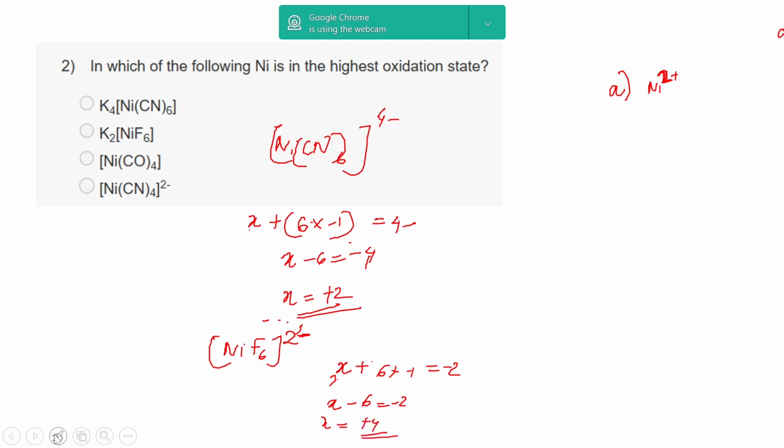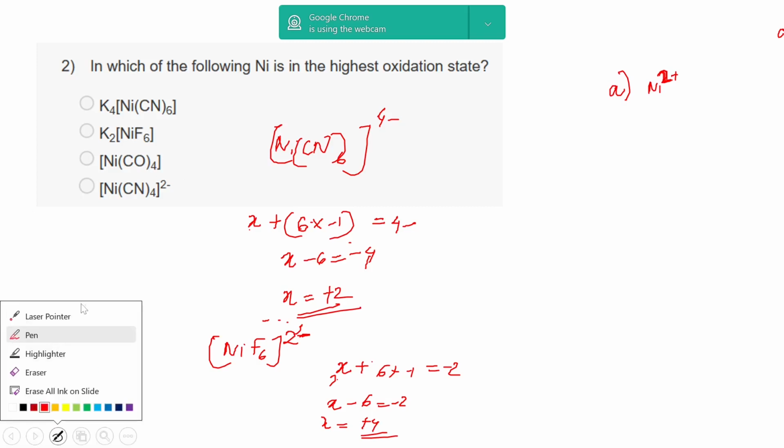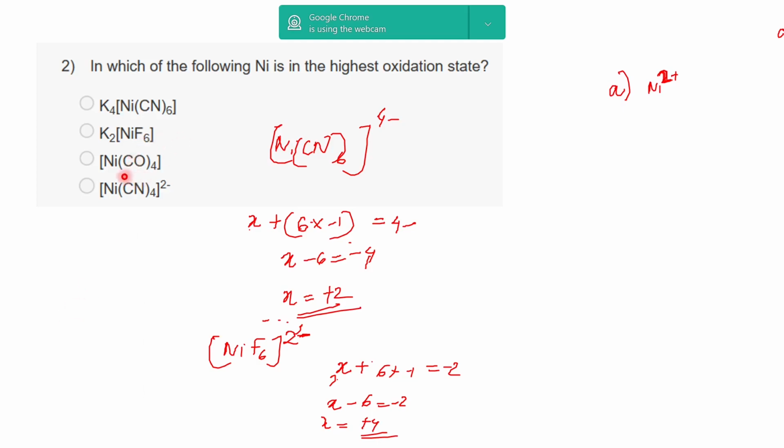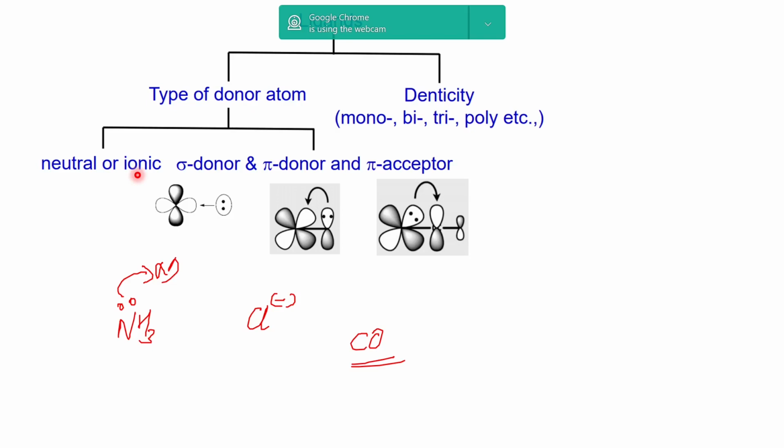Here, for every element, is the charge taken as minus 1? No, it depends on what the element is. For example, carbon monoxide is a neutral ligand. So here I was explaining the neutral, ionic, sigma ligands.